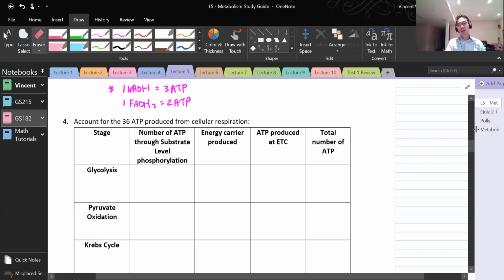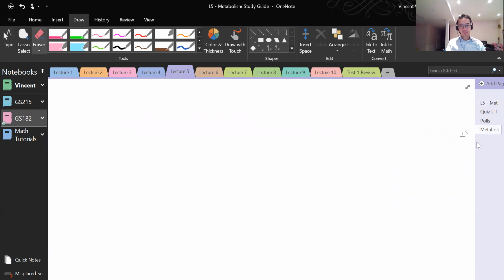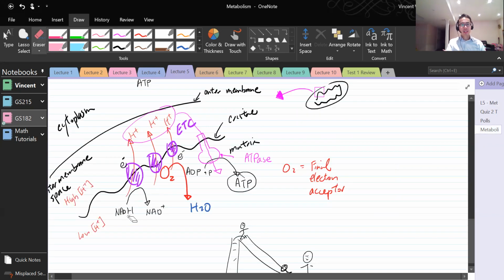Okay, and I just want to go back to here and add on a little bit. The NADH will deposit the electron at the first protein in the ETC. So in other words, by the time the electron slides through the ETC, it will have pumped enough H plus such that when they come back down, you will produce 3 ATP.